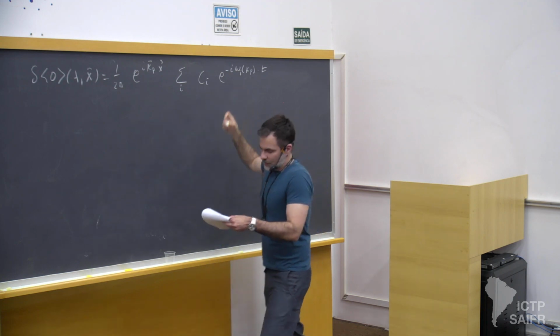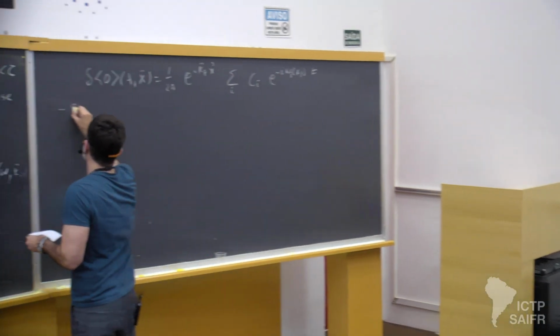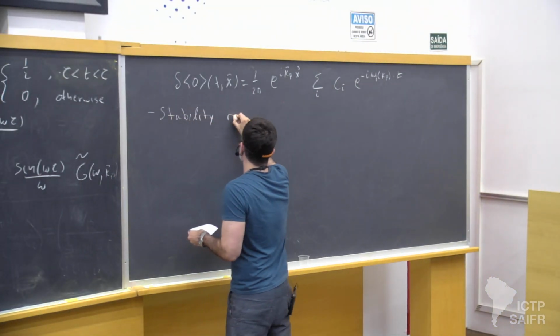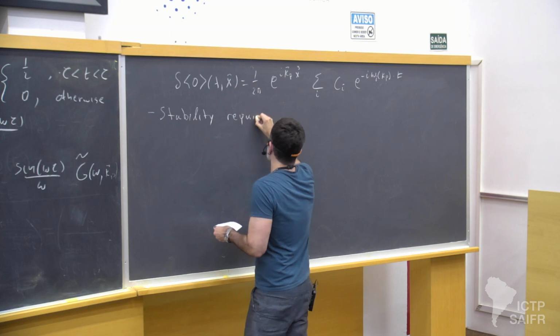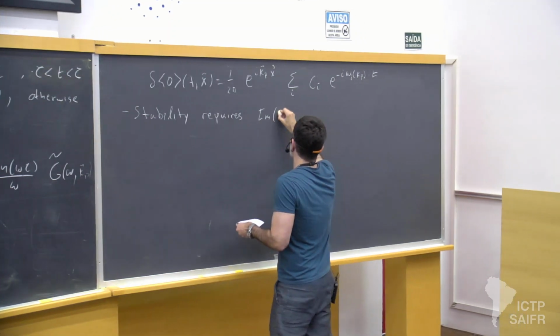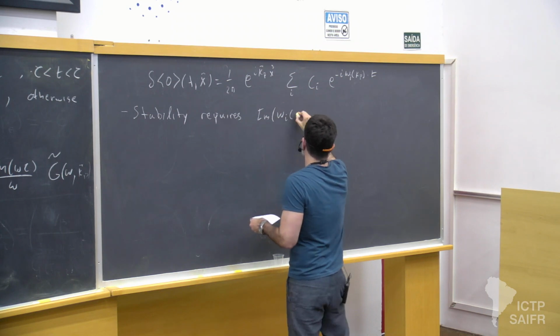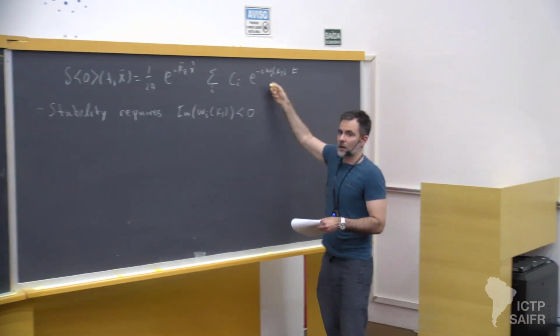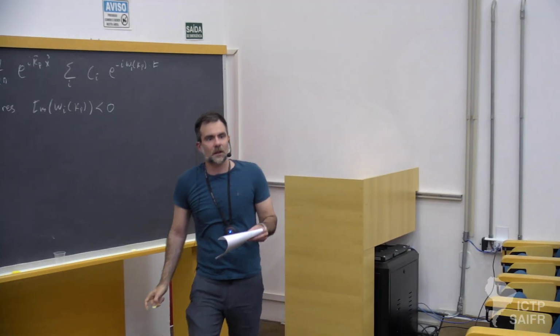So this means that stability requires that the imaginary part of these poles is negative. Otherwise, this exponential would not be decaying, yes.